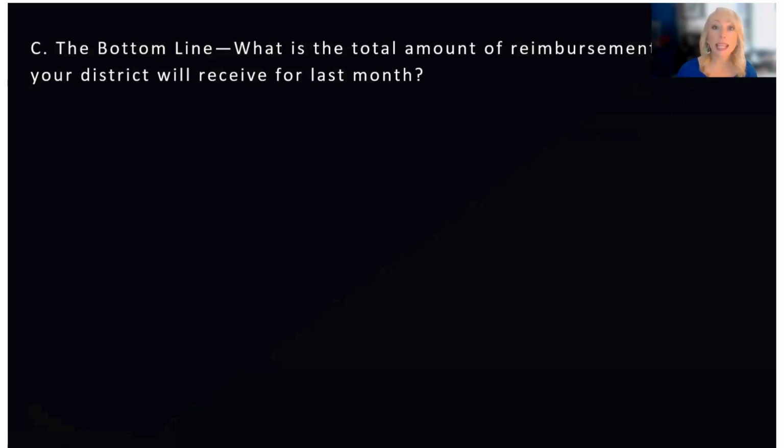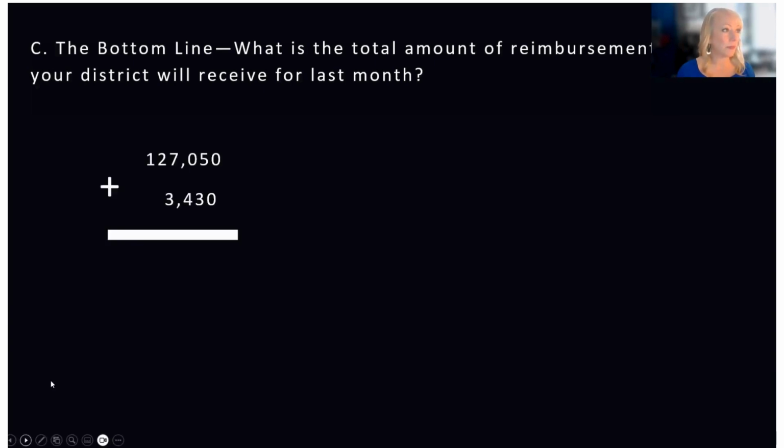We've already calculated these two amounts in our first and second problem. So we know that the amount of lunch reimbursement was $127,050. And then we just calculated the milk reimbursement. So we need to add those two amounts together.